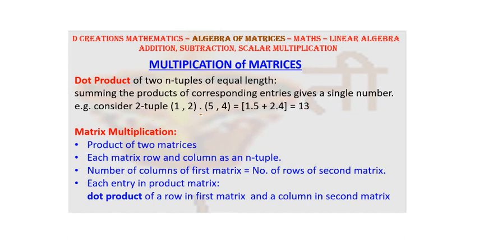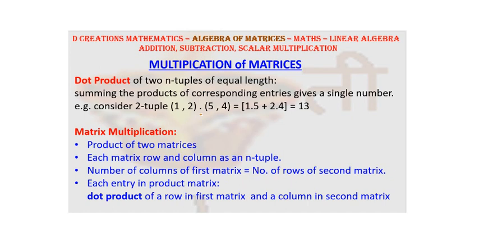Now, when you go for matrix multiplication, of course we know it's a product of two matrices. Each matrix row and column is considered as an n tuple. And there is one condition that is very important. Number of columns of first matrix has to be equal to number of rows of second matrix.